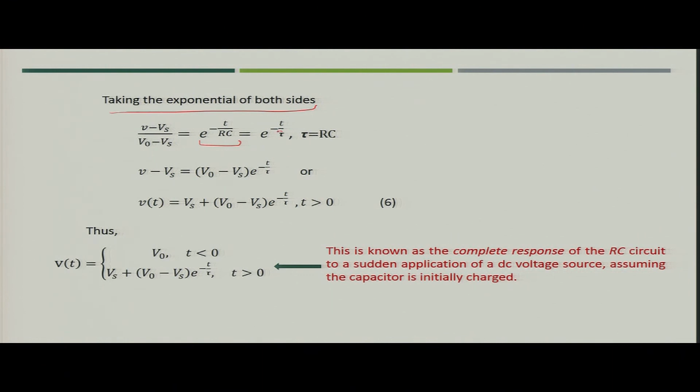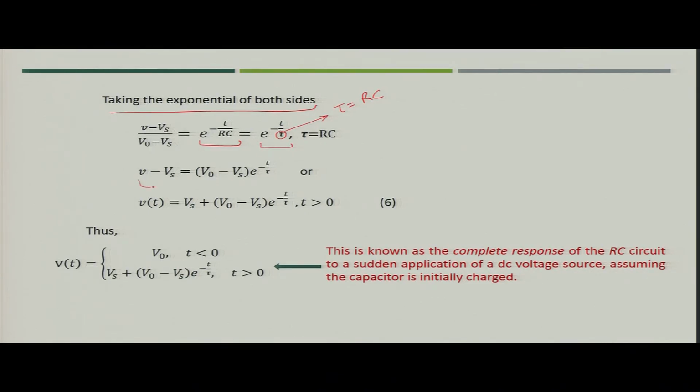When we discussed the source free response of the RC circuit, we termed this tau as the time constant, which was nothing but equal to RC. So, we will use the same time constant and replace RC with tau.